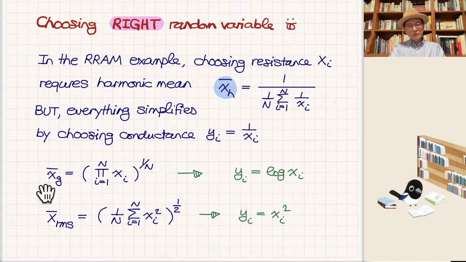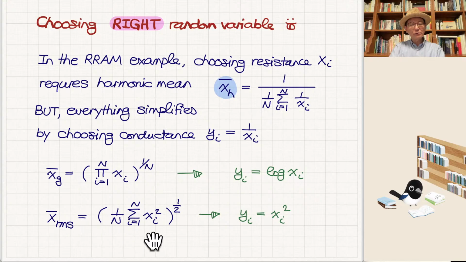And so whenever you need to use this geometric mean, typically that just means that this x is not the natural variable that you should choose. You should just choose log.